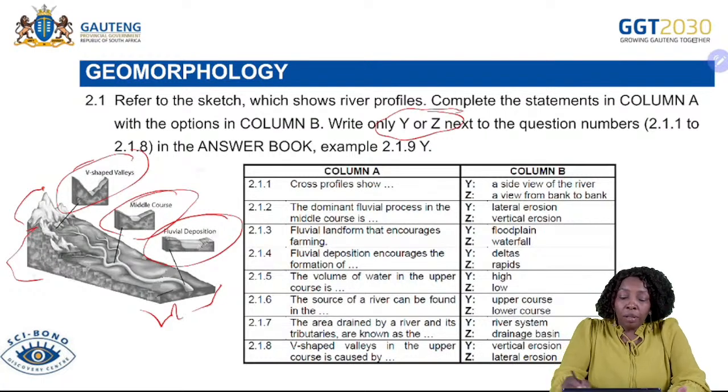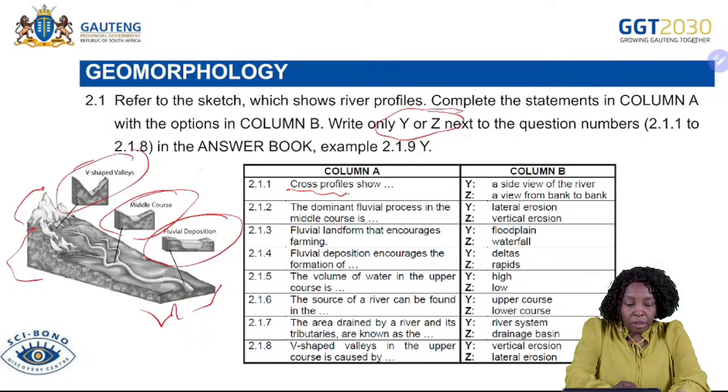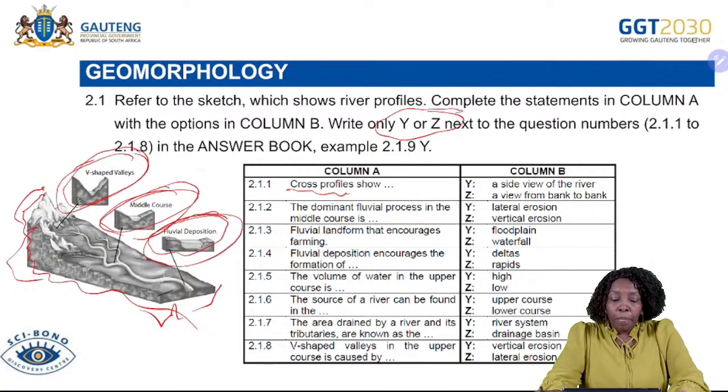So if you are to explain what a cross profile is, are we looking at the river from the side, or are we looking at it from bank to bank? These diagrams here are showing you the bank to bank. So a cross profile is a view of a river from bank to bank.